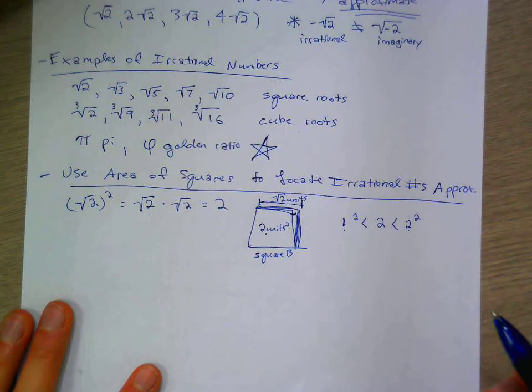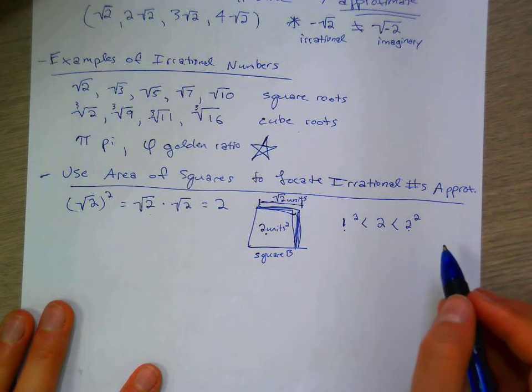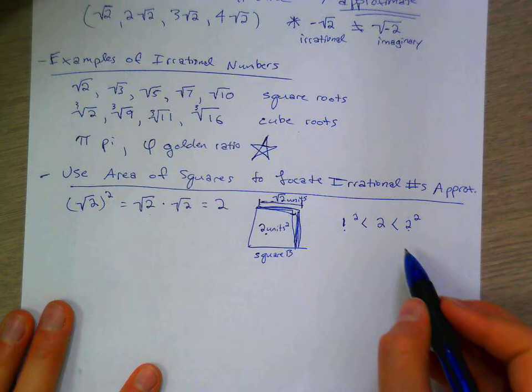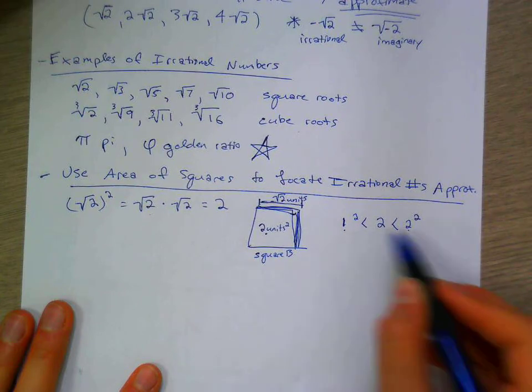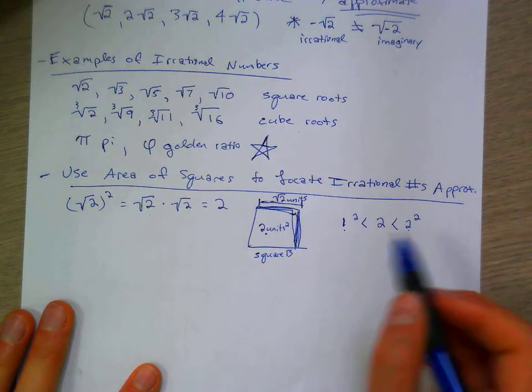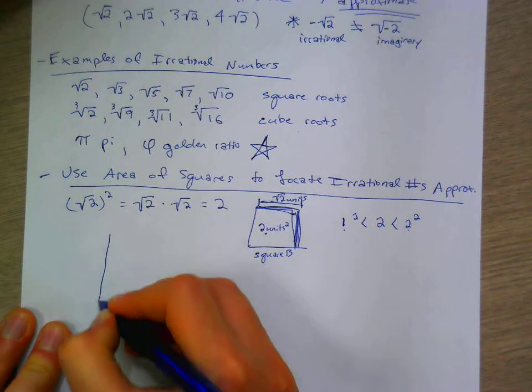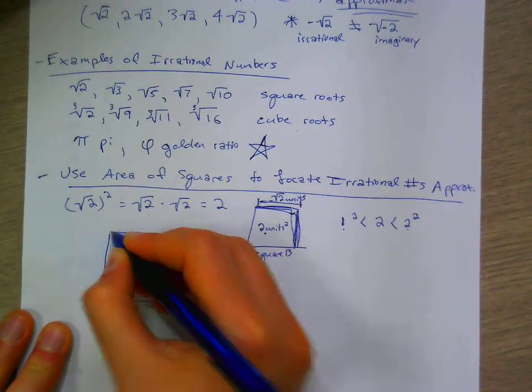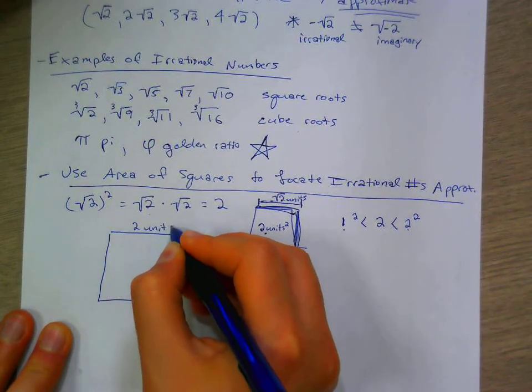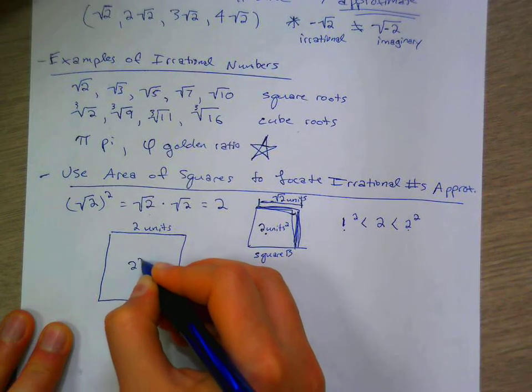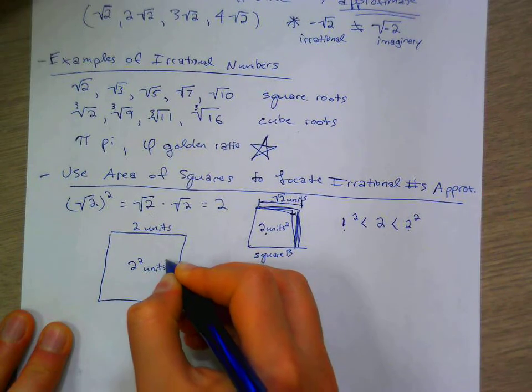You read 1 squared is less than 2 is less than 2 squared as 2 is between these two numbers on a number line. So if we draw a bigger square, square A, that is 2 units, inside it's 2 squared units squared.